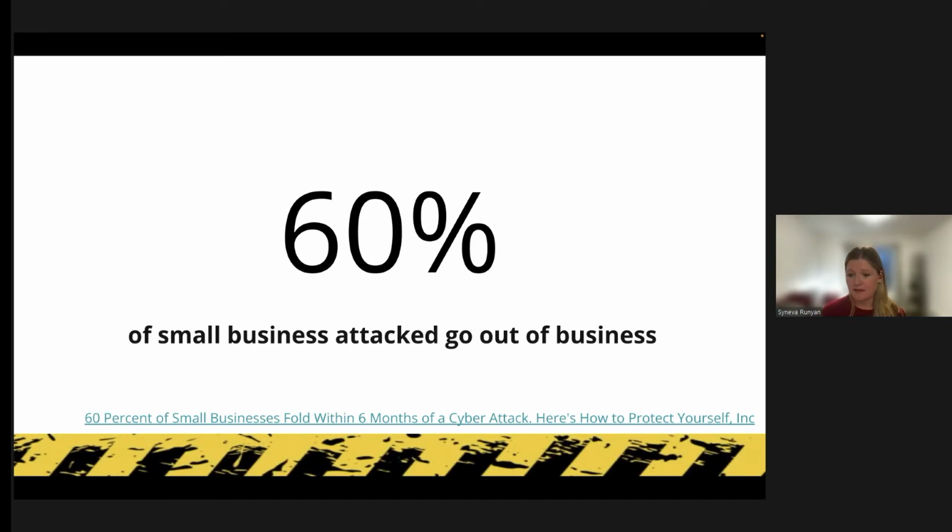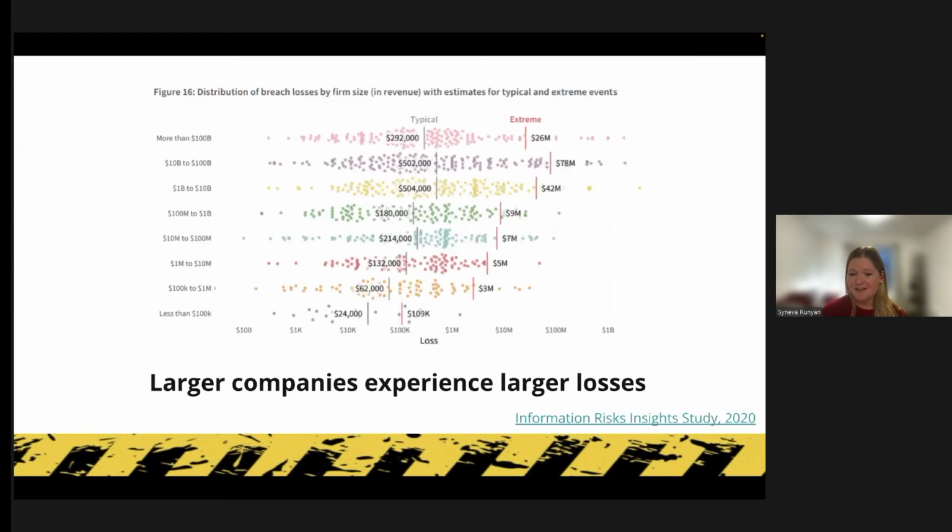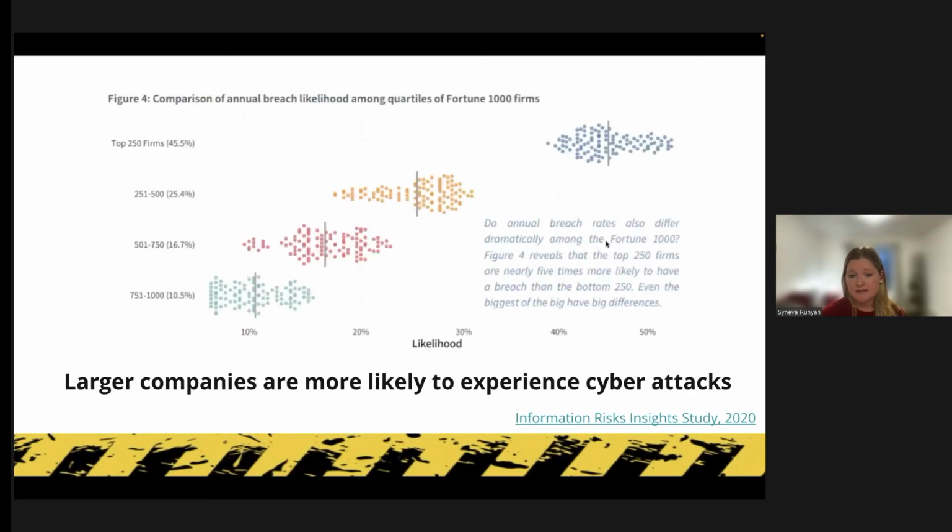So $200,000 is a lot of money for a small company, but let's say you work for a big company. Proportionally, it's $2,000, and maybe you're thinking that's not that much money. But it turns out that larger companies do experience larger losses. You'll see in this infographic that there are numbers like $78 million, $26 million, $42 million. And the larger the company you are, the more likely you are to experience a cyber attack.